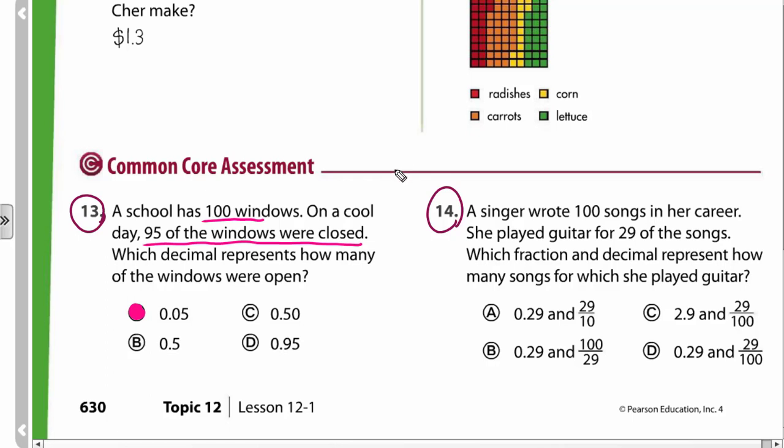So we have 100 windows. 100 windows is equal to a whole one. So you need to use it as 100 over 100, which is equal to 1. So this is the whole. 95 of them are closed, covered. So 95 out of 100, which is 0.95.